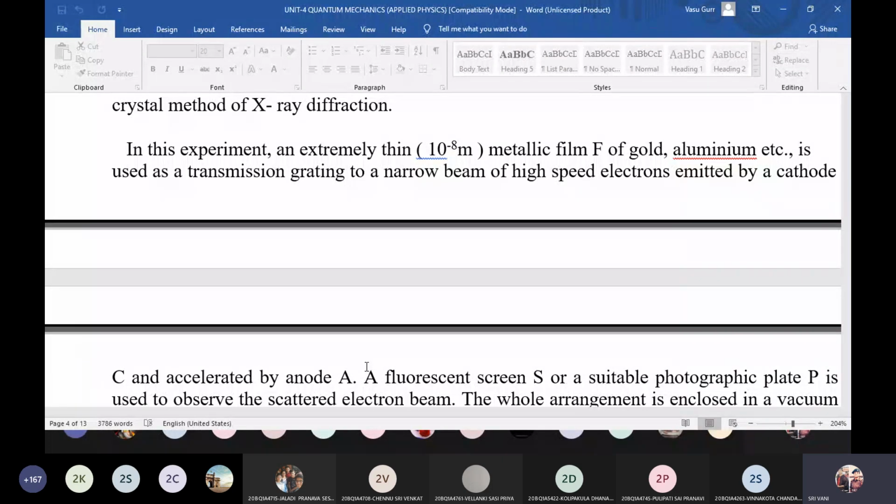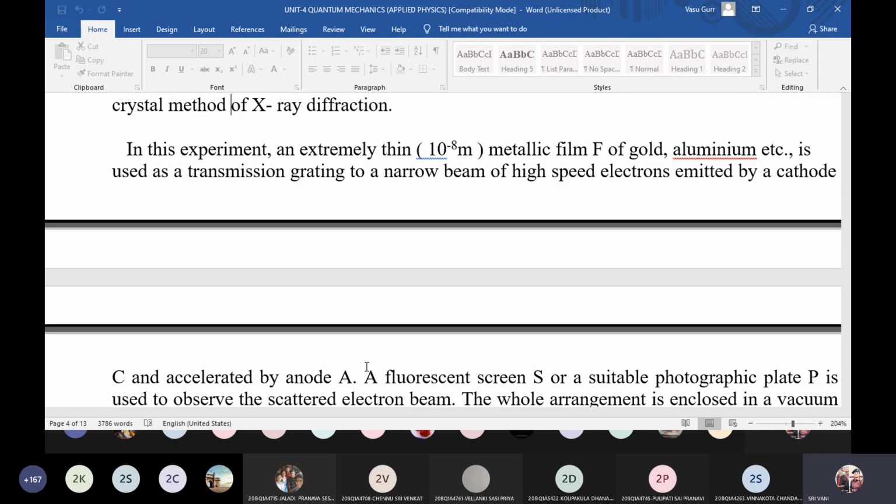Sometimes we can use aluminum also for the films. Next, when these electrons are transmitting, there are two types of beams. One is the narrow beam, the other one is the wide beam. If electrons transmit in a large area, that is called a wide beam. If they transmit in a small area, that is called a narrow beam.